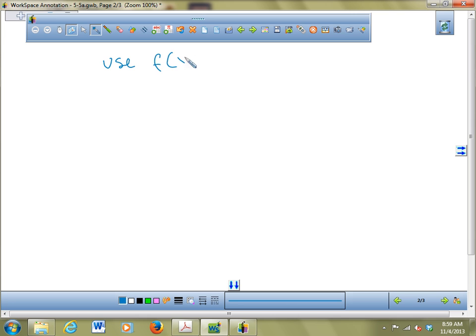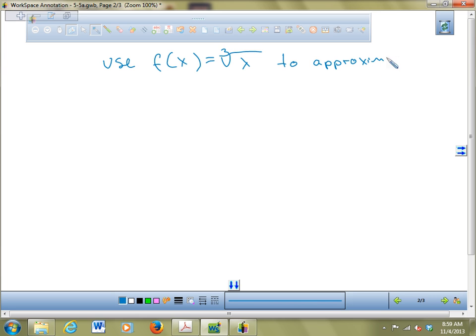Use f of x equals the cube root of x to approximate the cube root of 123. And use local linearization to find that.